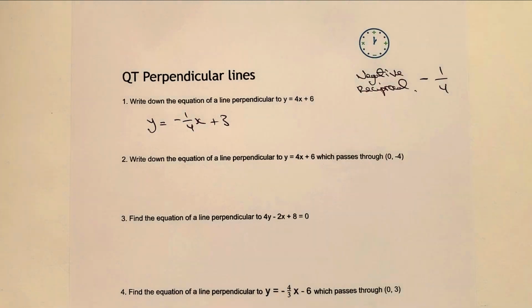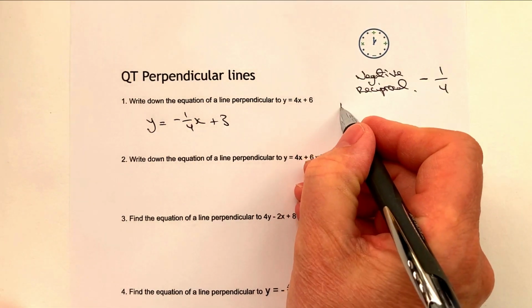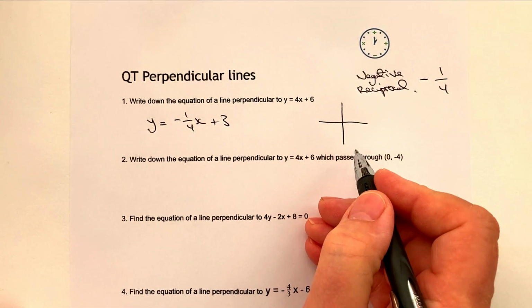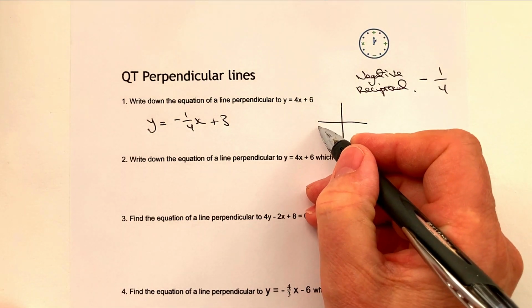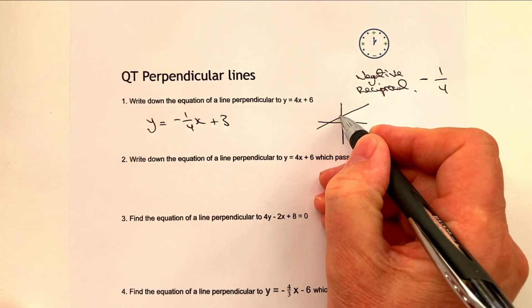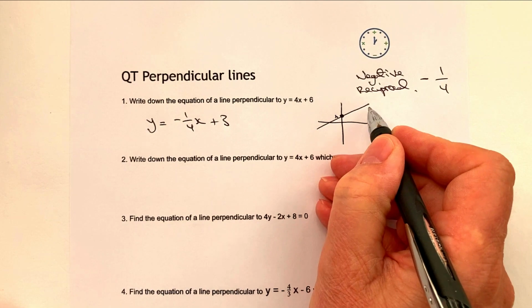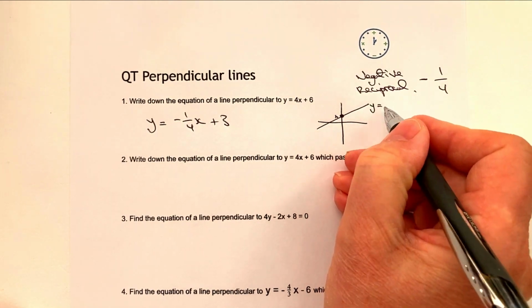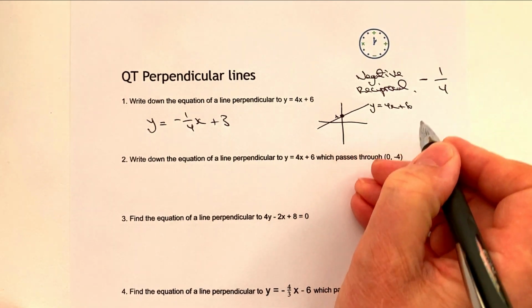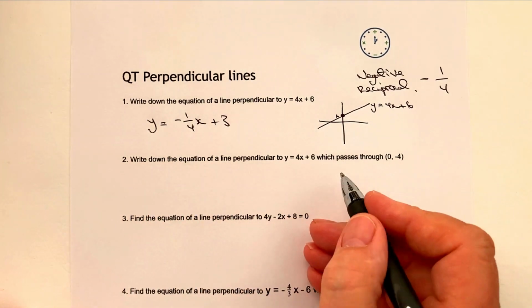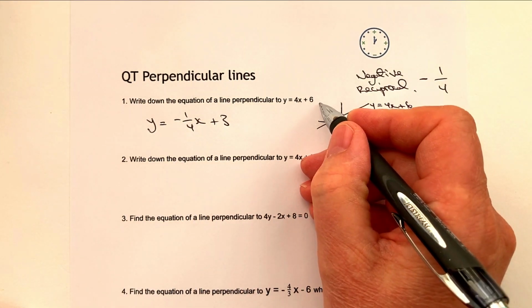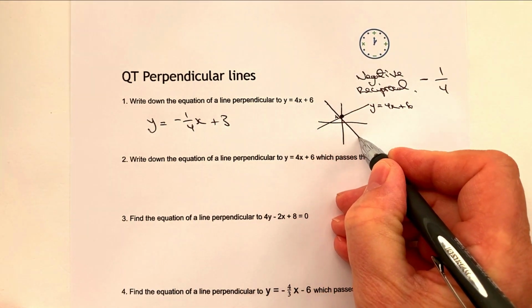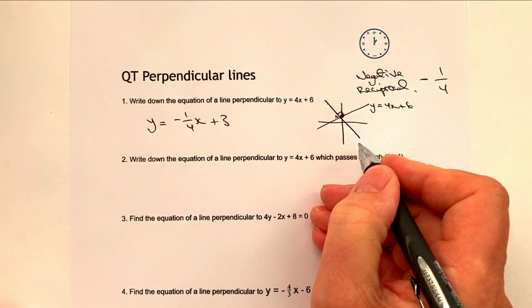All we're saying is if we've got a line on a graph that cuts through the y-axis at 6 and has a gradient of 4, so this is y equals 4x plus 6, then the perpendicular is going to be this line that is at 90 degrees, although I've not drawn this particularly well.